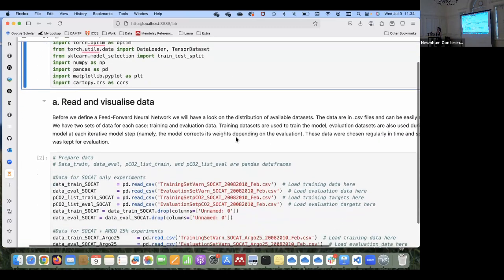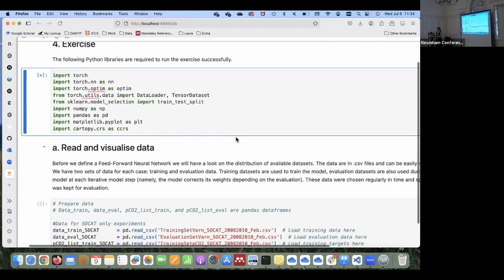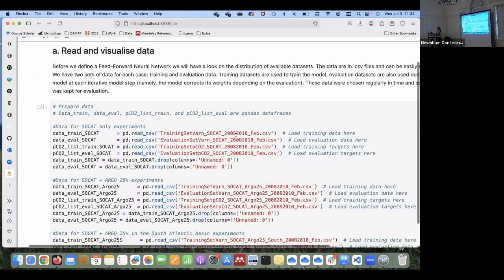So the first part, apart from importing libraries, is really just reading in the data. We have different data sets to start with: a train data set and an evaluation data set. The training is what we use to actually train the model. The evaluation still uses part of the training data, so the model can compare with the evaluation data set and adjust its weights along the way.